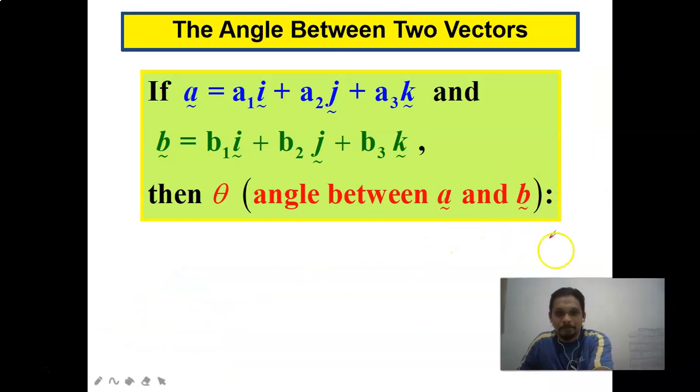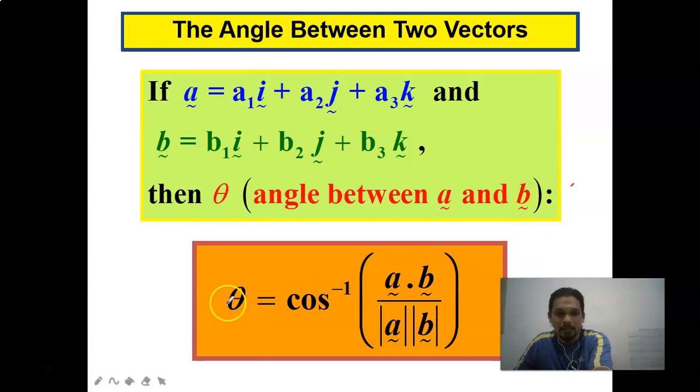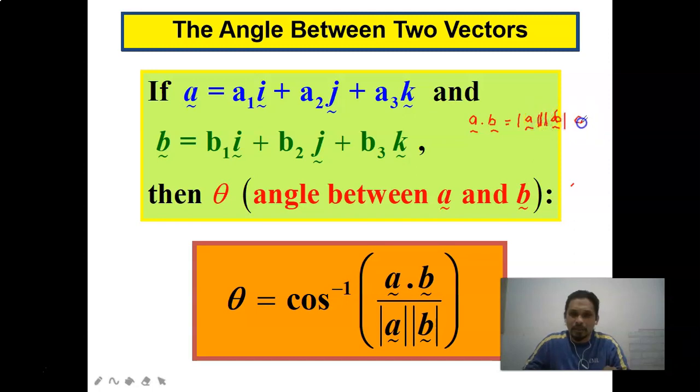So then, A dot B equals modulus of A and modulus of B, between these two, cos theta.